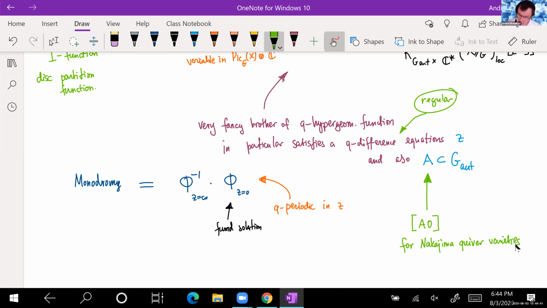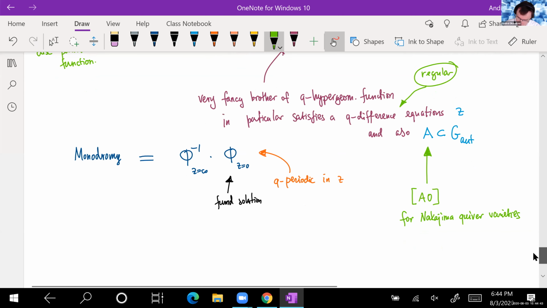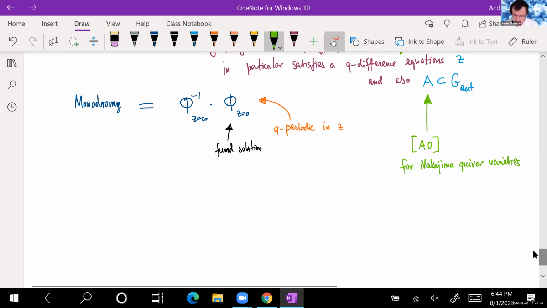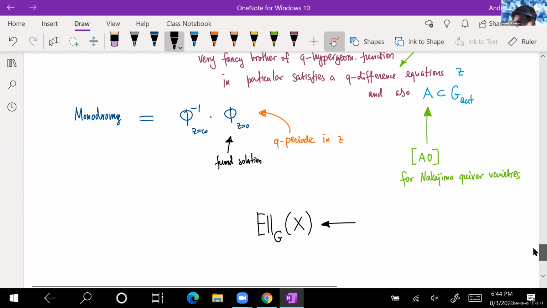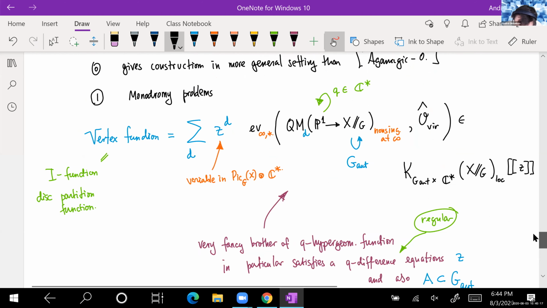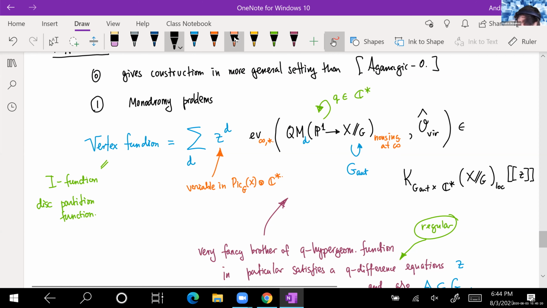And similarly here, I'm not going to list maybe all the hypotheses since I want to get somewhere. But in the scalar variables, you can do the same thing. So we take this elliptic equivariant cohomology of X, right? And then there's a map here from quasimaps, with some choice of stability condition.